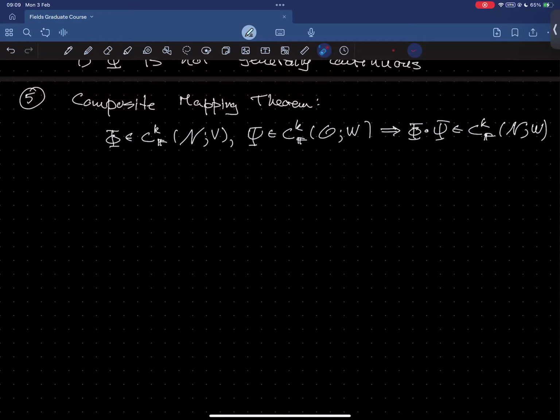There's a bunch of useful facts about higher derivatives, and we're going to talk about those. We talked about the composite mapping theorem last time. And if you think about it, possibly to prove that this thing is of class C^k, one way to do that maybe is to try to calculate its kth derivative.